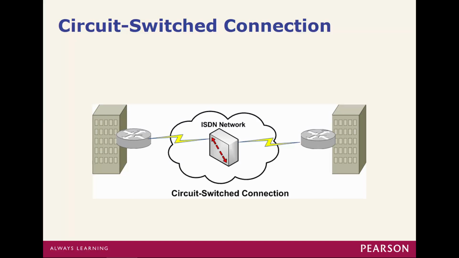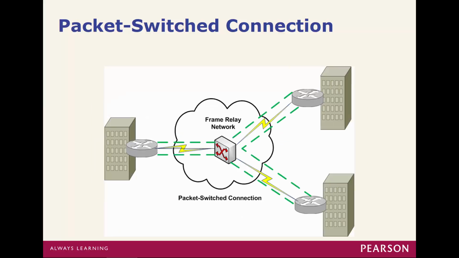Moving away from that, we had a circuit switched connection like an ISDN. But still, that wasn't quite what we needed. So we had a packet switched connection. And very early on, this was our frame relay. When you deal with Cisco technologies, you learn a lot about frame relay because it was a very common packet switched technology.